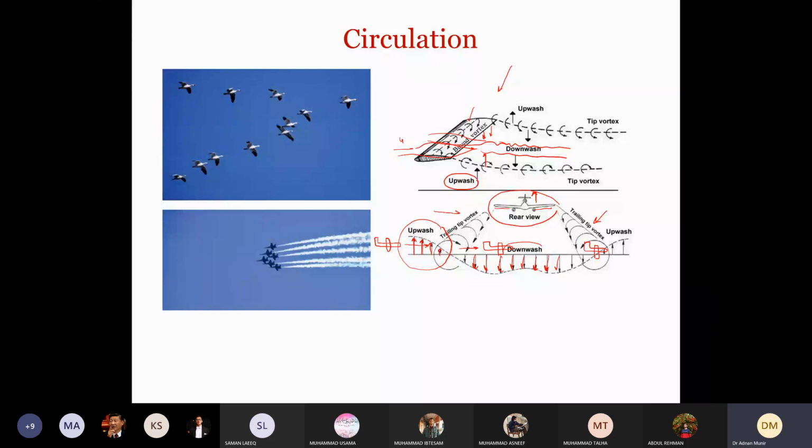Now, another example of this is here. You can see that this is a flock of birds.